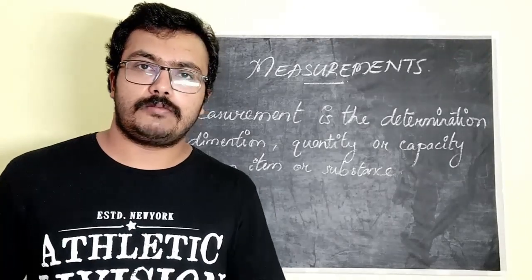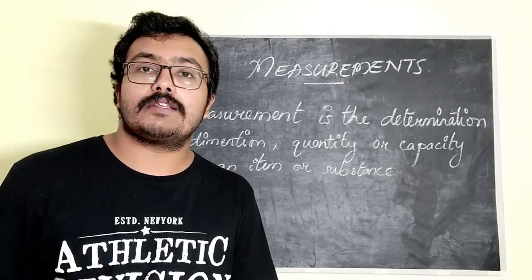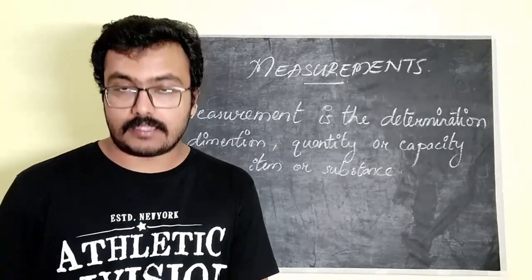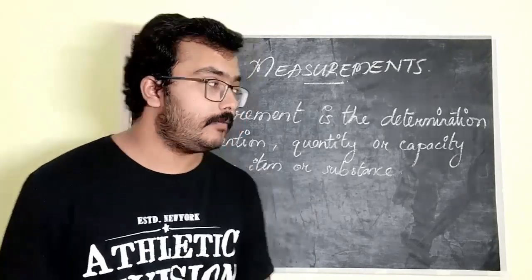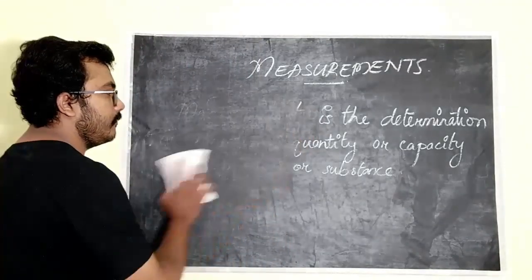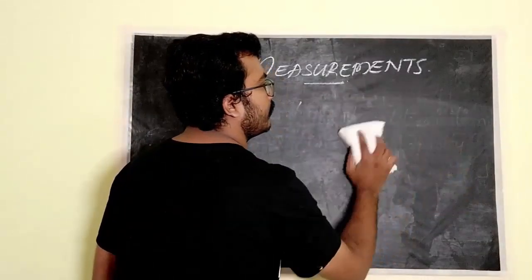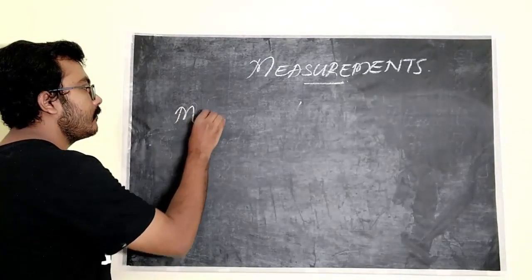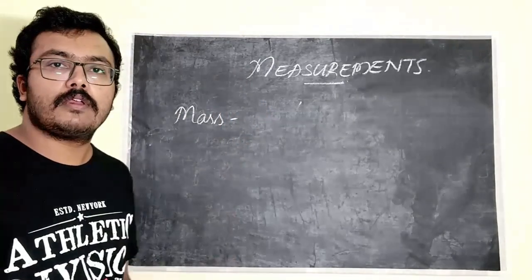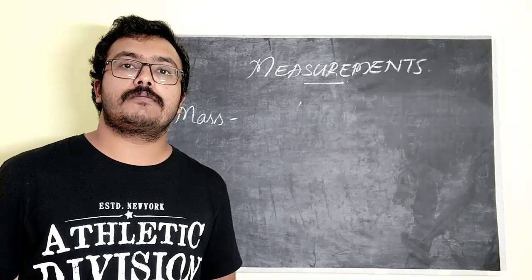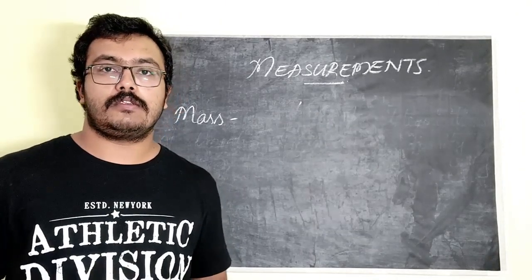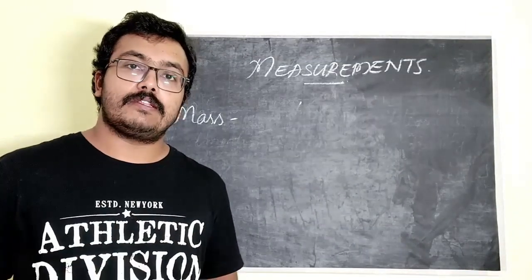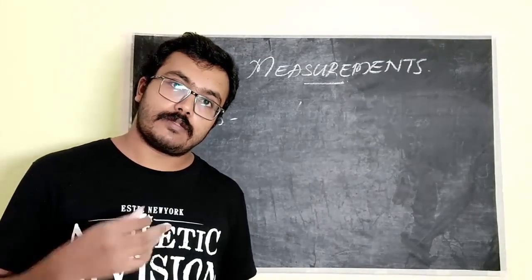Now, when we talk about measurement, we have to take mass into consideration. Yes, mass. Now, what is mass? The total number of particles in a substance is called mass, or the total number of materials in a substance is called mass.